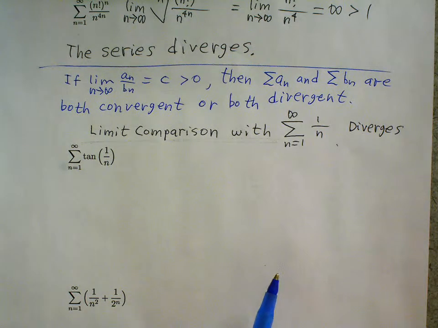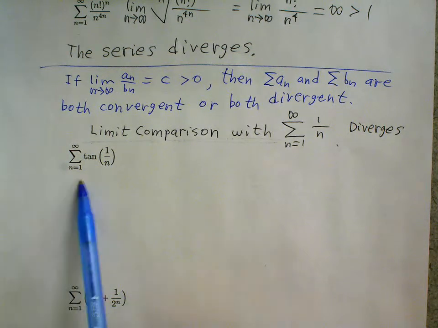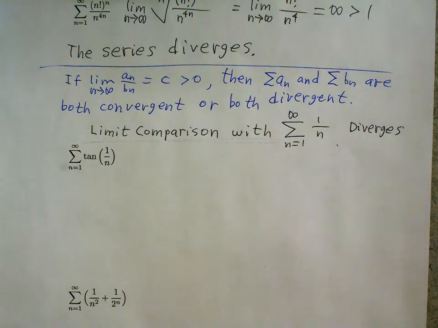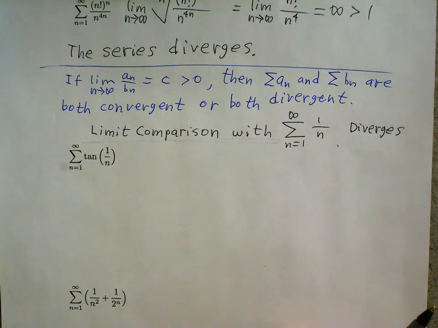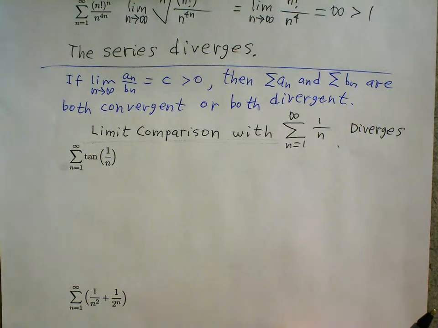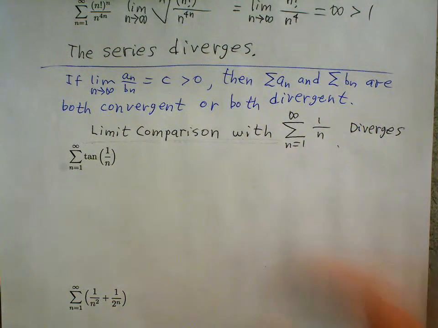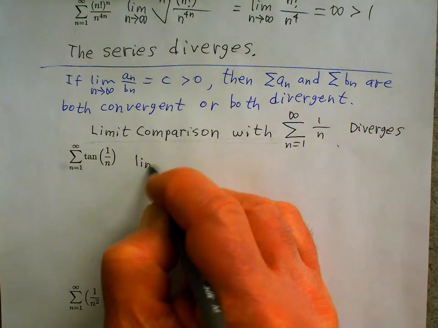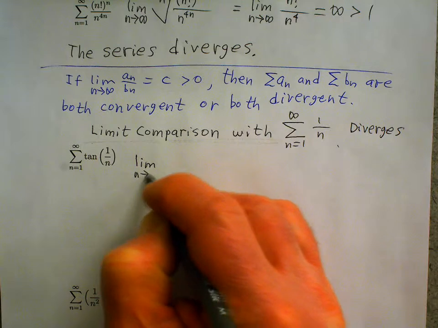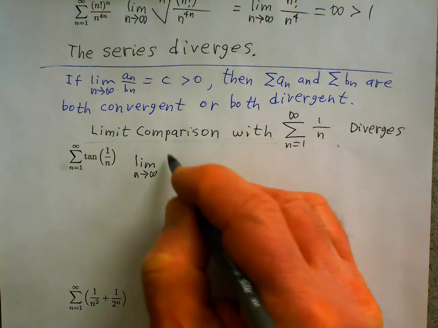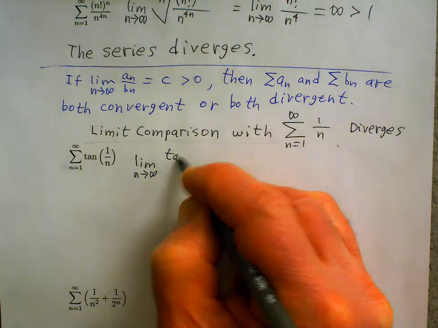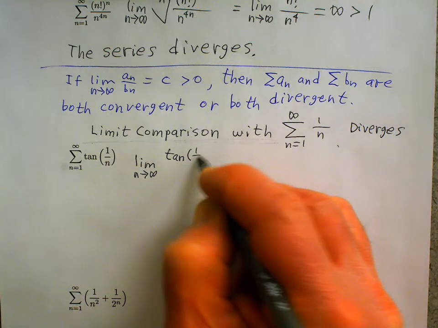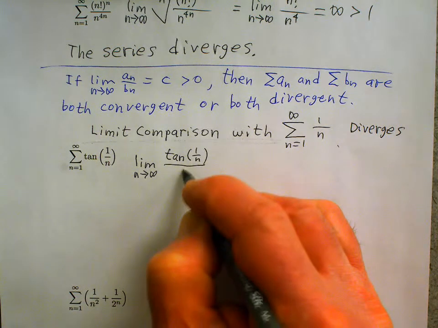If I get something else, then we'll have to use a different test. Okay, so the limit as n approaches infinity of tangent of 1 over n divided by 1 over n.